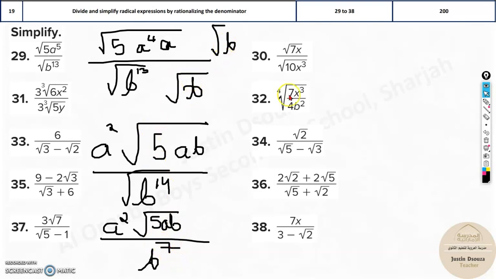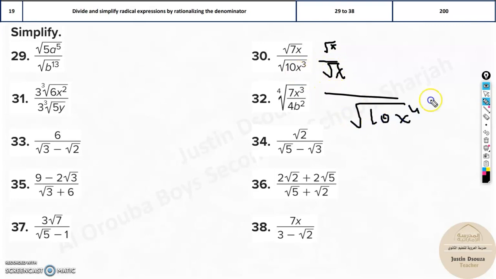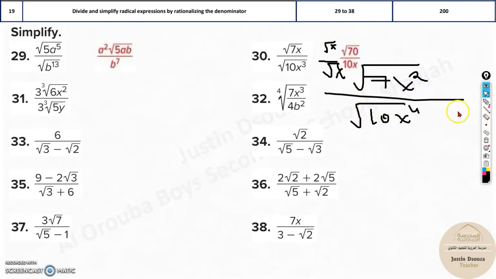We multiply this root. Same way over here, for example, anywhere, if you cannot rationalize it, we need to multiply. See now this one as well, the second one as well. We have to basically multiply root x divided by root x. So the denominator will be 10x to the power 4. The numerator will be 7 root x squared, and then you will have to simplify and you will get the answer over here.